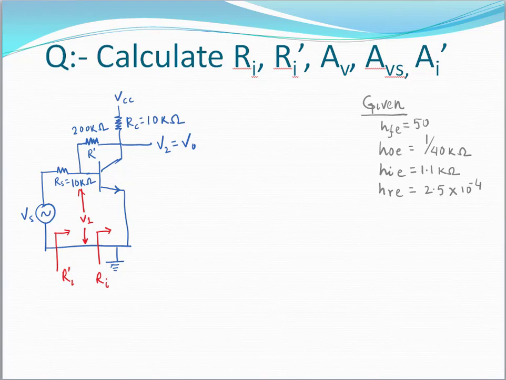First of all we will apply the Miller theorem, and by applying it we will break this resistance of 200 kilo ohm, and one part will come into the input side and one part will go to the output side. So we are applying here the Miller theorem.